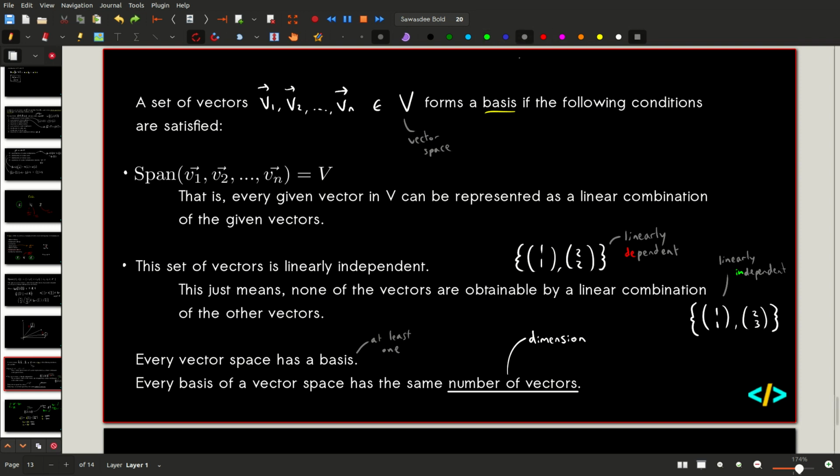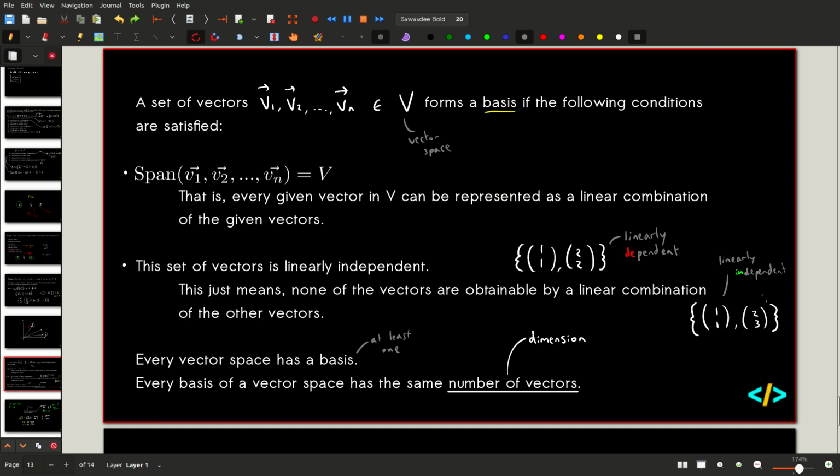And this number of vectors in the basis is known as the dimension of a vector space. So for example, here, where we've got 2 vectors, we know that they're linearly independent because one isn't a scalar multiple of the other. And we know that the span of them is the entire vector space. We can reach anywhere in this set of vectors by multiplying these by some scalars and adding the results.